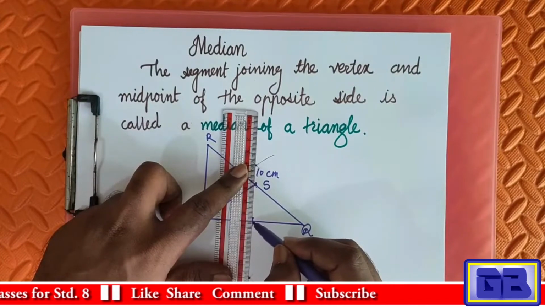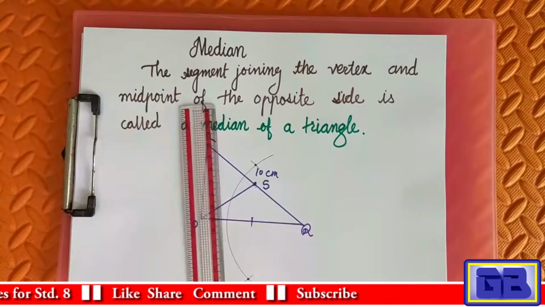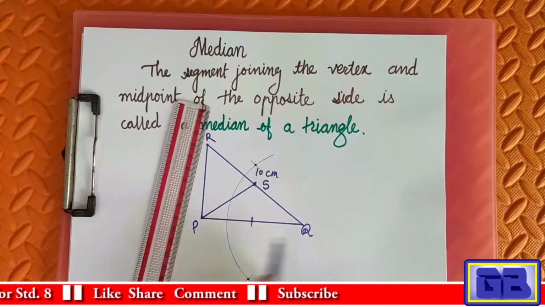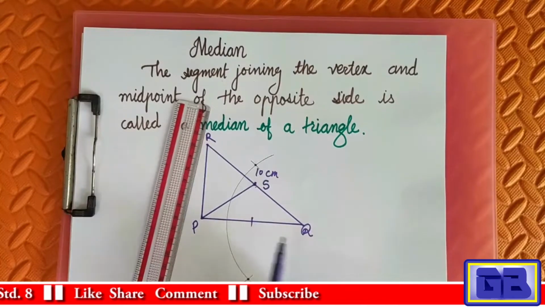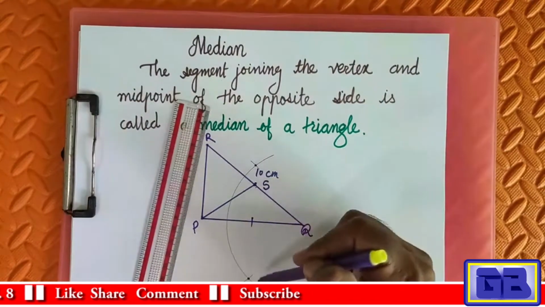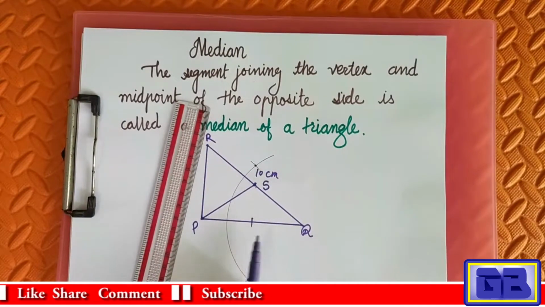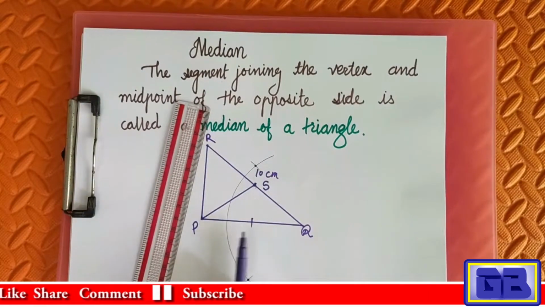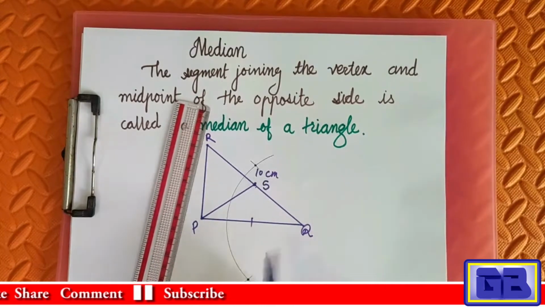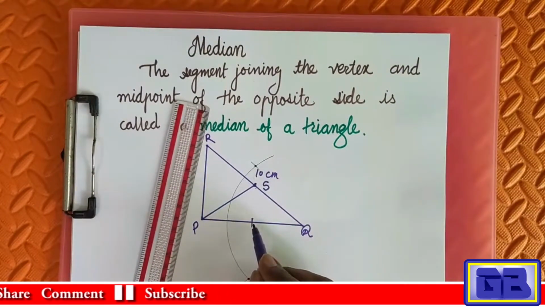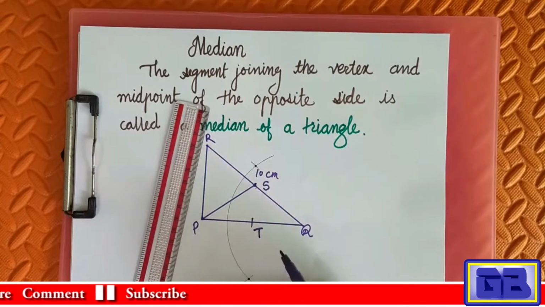Take a small point or one small dash on the side PQ. As these 2 points bisect this side into 2 equal parts, bisect means 2 equal parts, we get the midpoint here. I will give it the name T.